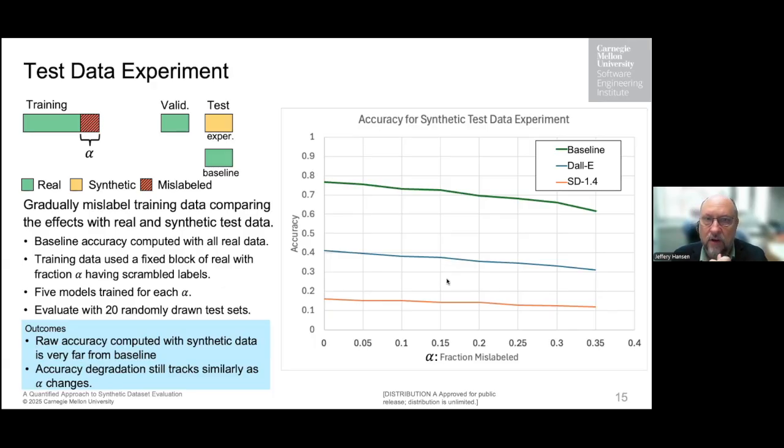We want to know: can we predict how well an all-real experiment is going to work with our synthetic data? What we found is that the results using the synthetic data for testing were very far from what we get with the real data experiment.